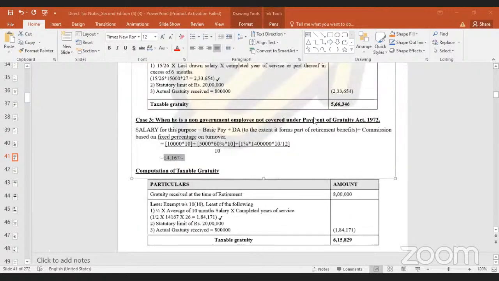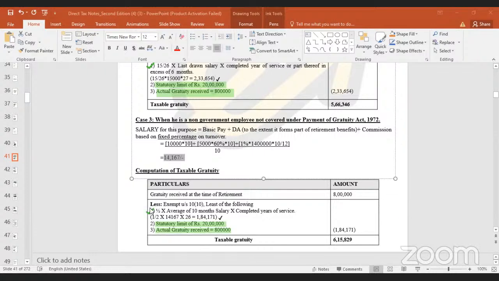What remains constant? If you observe over here, this 20 lakh statutory limit, here also the statutory limit of 20 lakhs in cases 2 and 3 remains constant. The actual gratuity received over here remains constant. What is going to change? 15 by 26 into last drawn salary into completed years of service is going to change over here.